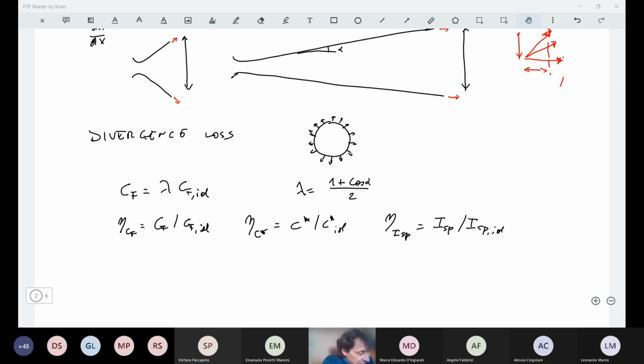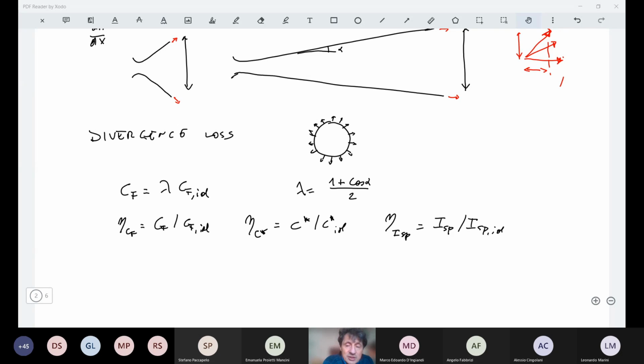So let's continue, and let's start from one of the questions that were asked during the break. Why are we highlighting these divergence losses if they are included in all other losses? One reason is to highlight the fact that we have to define a shape and the length of the nozzle.